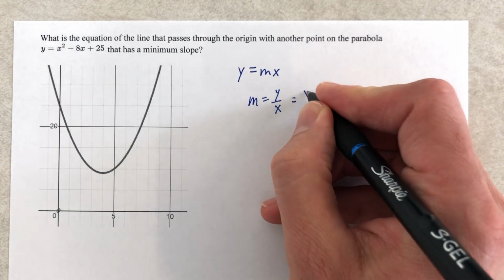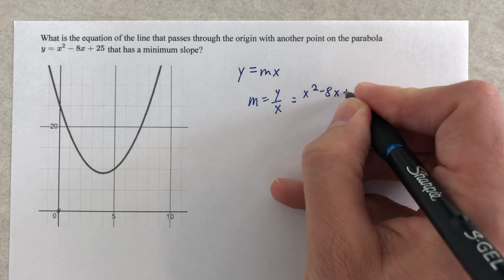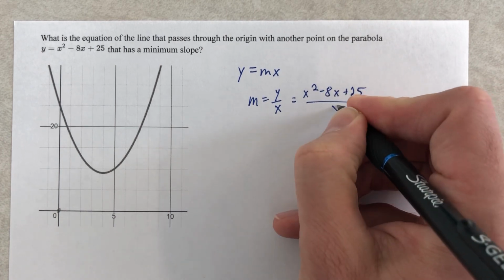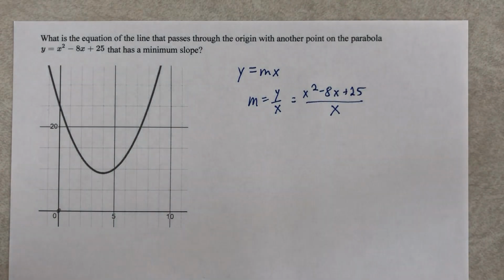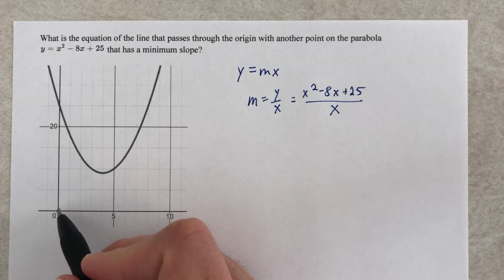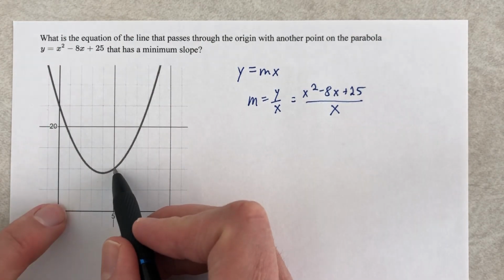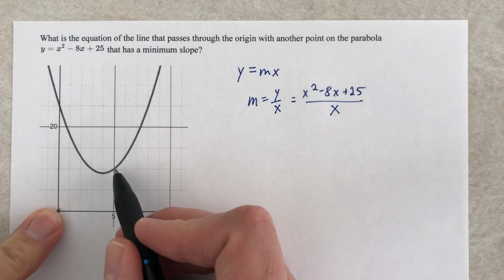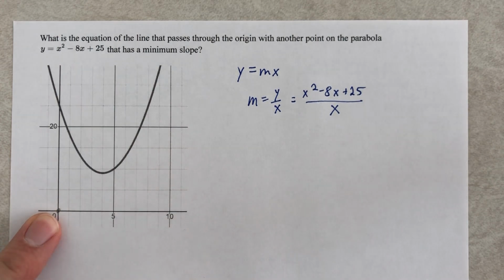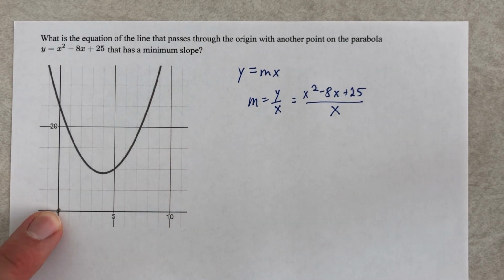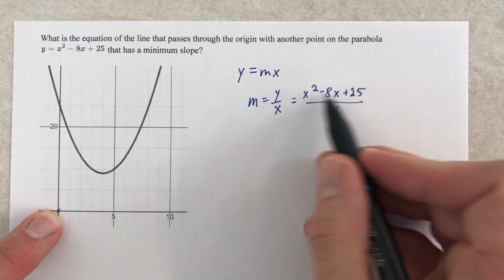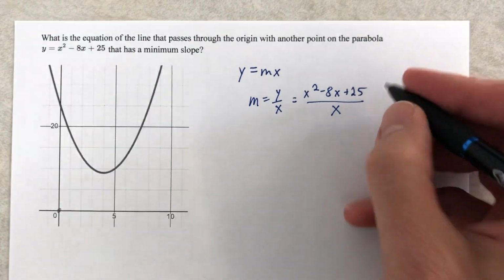So y is x squared minus 8x plus 25 over x. And if that didn't go through your head, then you would say, oh, well, the slope of this line from here to wherever, you'd rise y and run x, and there is no y-intercept other than 0, which simplifies things a lot. And so m equals y over x, and that's it. All right, let's keep simplifying.